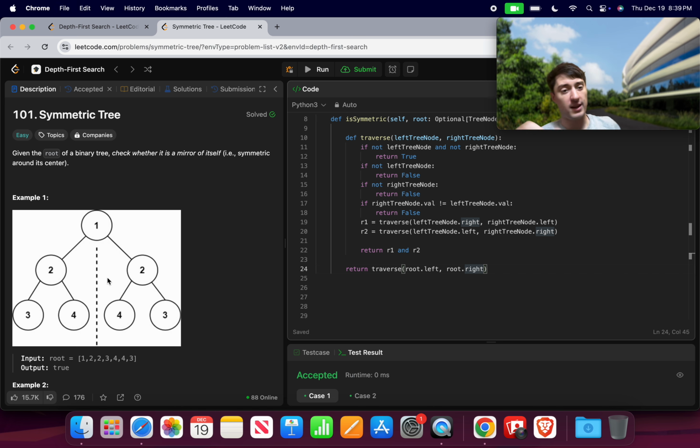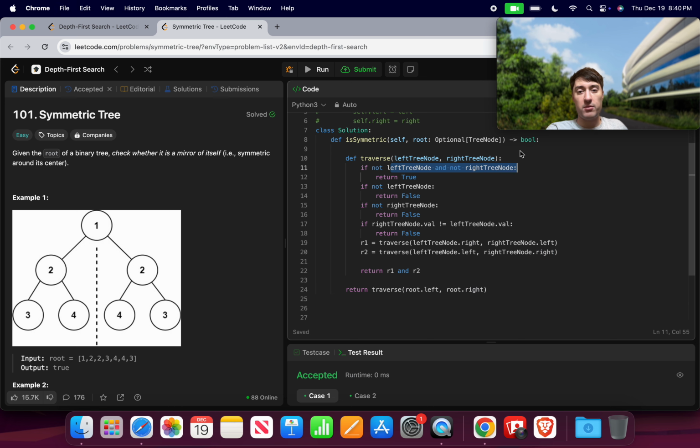What's going to happen in that case? Well, this is going to be null, and this is also going to be null. So I pass null and null into here, and it automatically triggers this if statement and returns true, which makes sense, right? You have a single node, it's a root node, and it's just 10, with no children. Yeah, that's symmetric.